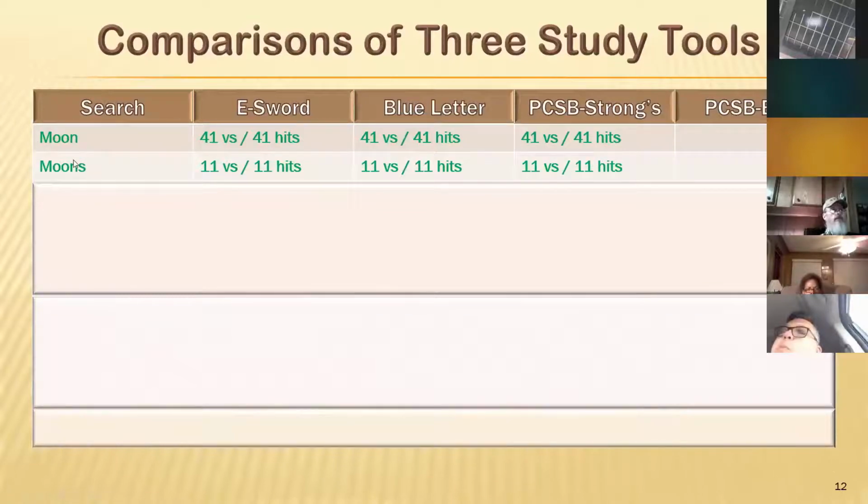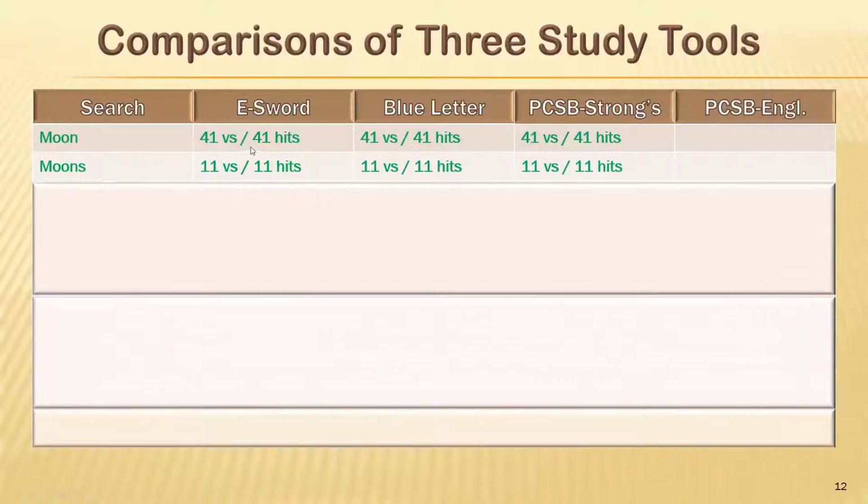In eSword, it sorted it out like this. There were 41 verses and 41 hits for the word moon, and 11 verses and 11 hits, or 11 matches, in eSword. In the Blue Letter Bible, I had exactly the same numbers. So I thought that's pretty neat. In the PC Study Bible that I'm using, I had exactly the same numbers. There won't be anything here, not yet.